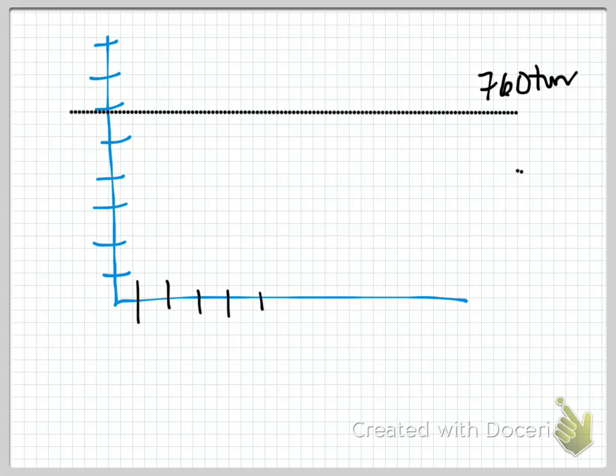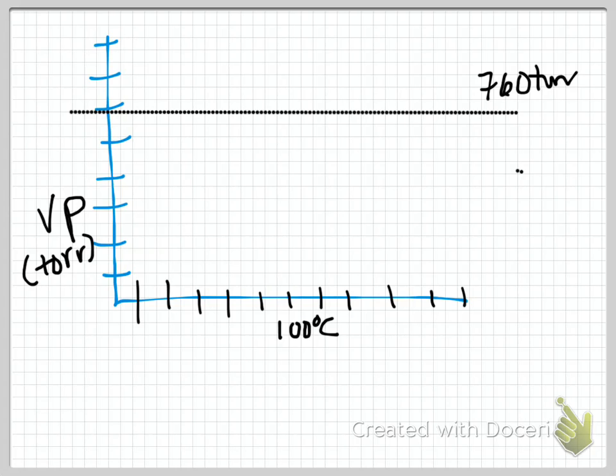And then we have a range of temperatures on the bottom. And if you look at the temperature 100 Celsius, you will find a line for water, and that line for water crosses 760 at, well, gee whiz, 100 Celsius.